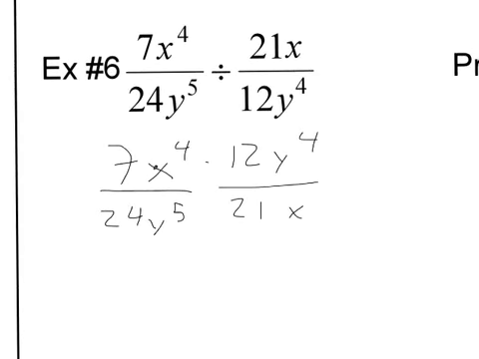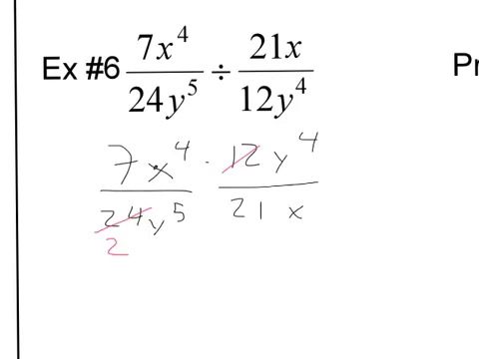But what's going to happen here is some things are going to go a little crazy, so you might want to keep track of everything, because things are going to cancel. So, for example, 24 and 12, you could pull a 12 out of both of those. Leave with your 2 and just a 1, so you don't have to mark it.